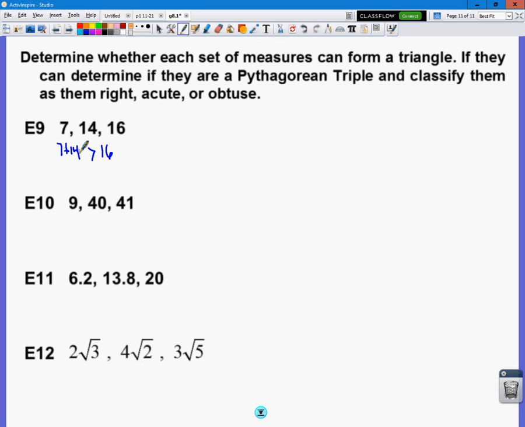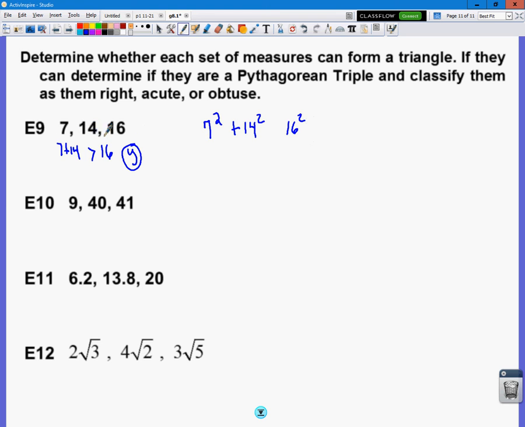The sum of two sides has to be larger than the third side. Yes, this can be a triangle. Then I'm going to check to see if it is right, acute, or obtuse. And I'm going to do 7 squared plus 14 squared, and compare it to 16 squared.